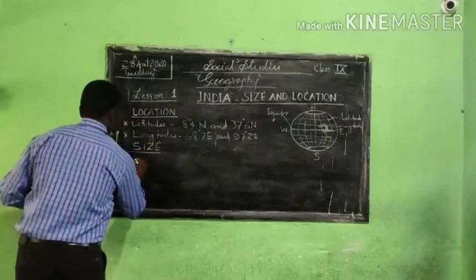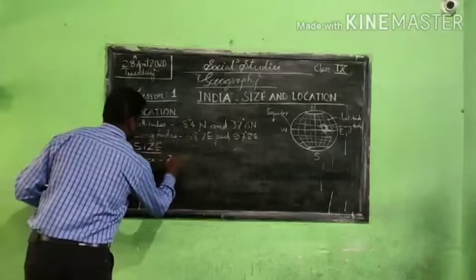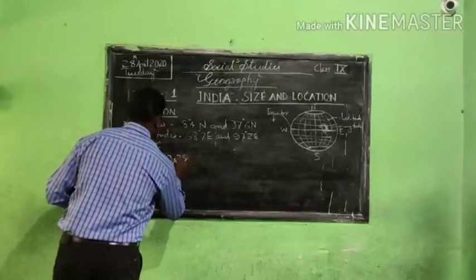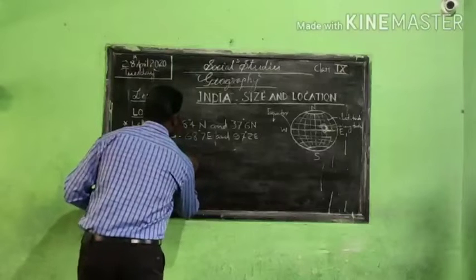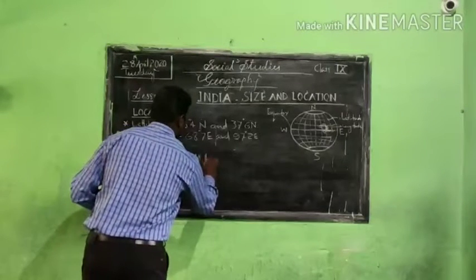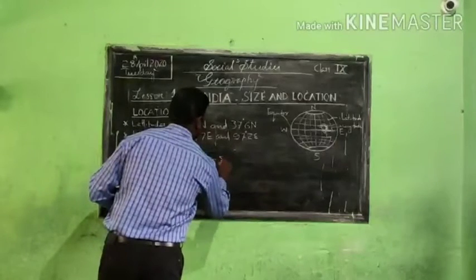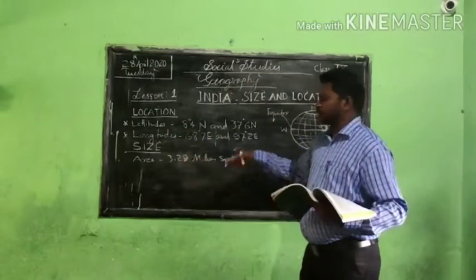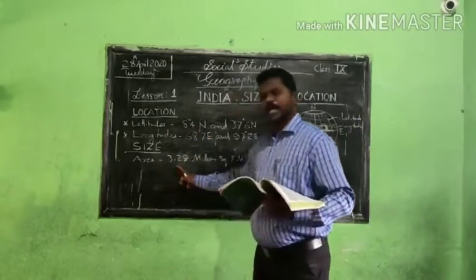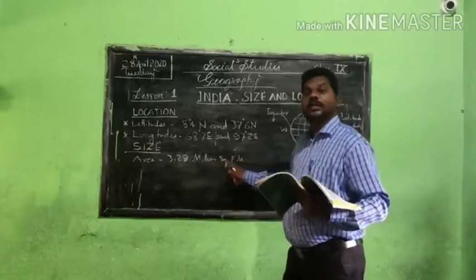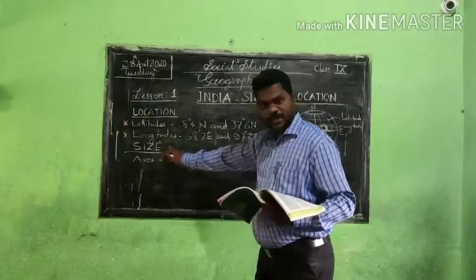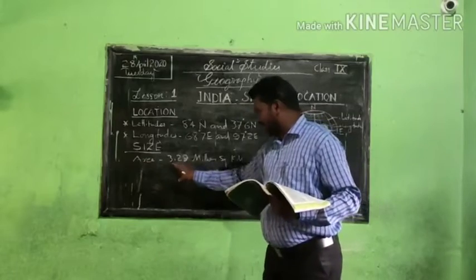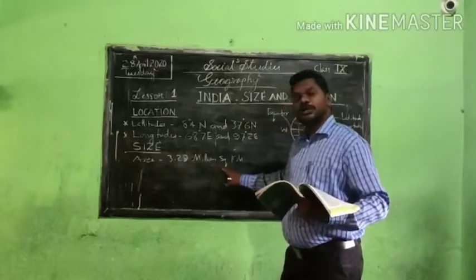Okay, the total area of India, which is located in the world map, is 3.28 million square kilometer, because we are learning about the size of India. You have to keep in mind that the size we are talking about is the area, 3.28 million square kilometer.